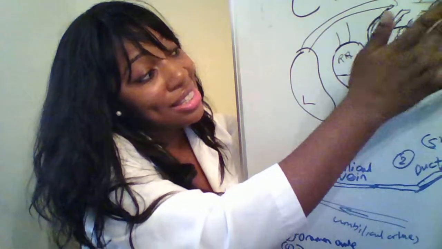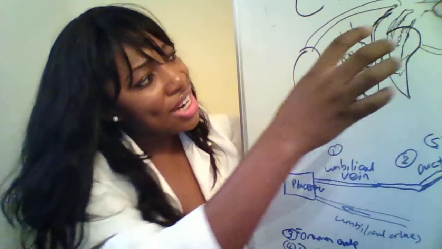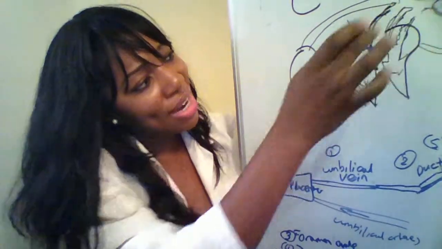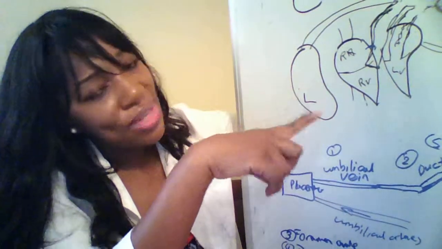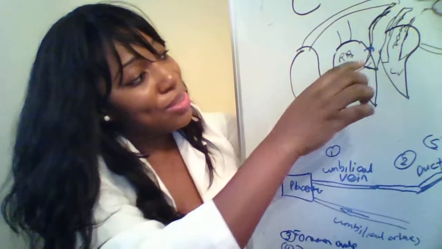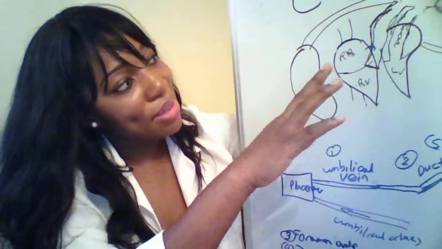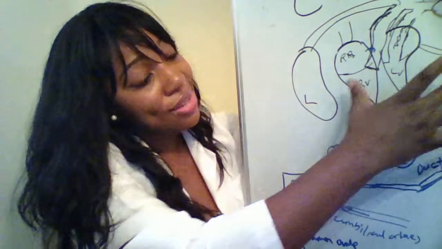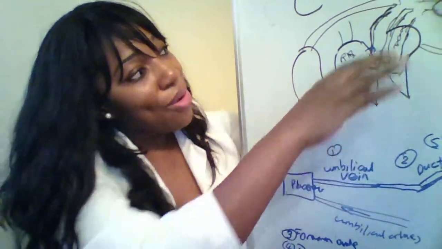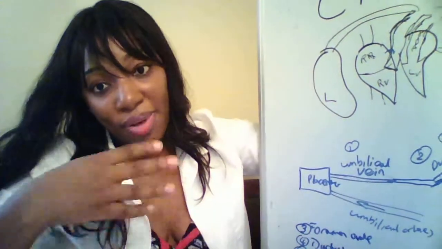If the lungs are filled with fluid, there's going to be a lot of pressure in the pulmonary artery, so the blood in there is going to dump directly into the aorta through that ductus arteriosus. So it allows oxygenated blood, as well as the foramen ovale, to go to the body, even though there's no gas exchange occurring at the lungs. And blood will flow normally through the body.